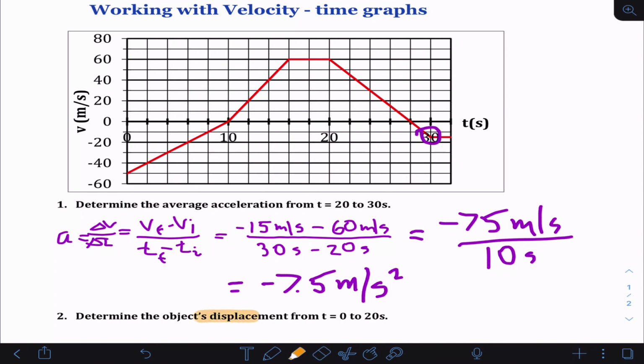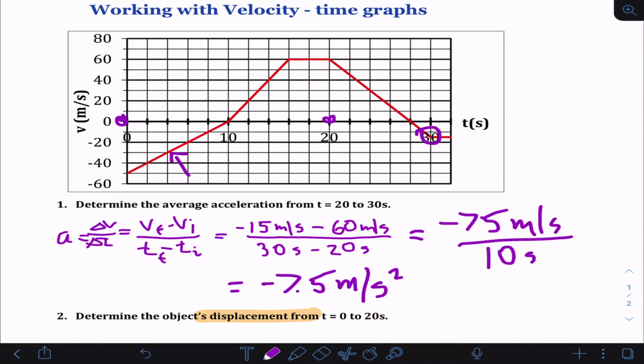If you're asked to calculate the object's displacement from 0 to 20, first thing I want to do is mark where I'm at. I'm going to start here and go to here. When you decide what you're shading in, you look at trapping the shape in between where the graph is, the red line, and the time axis, which is here.